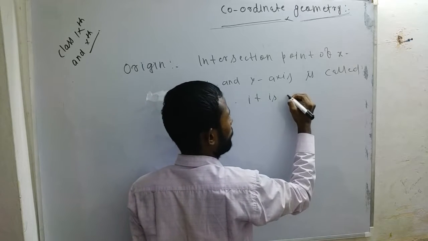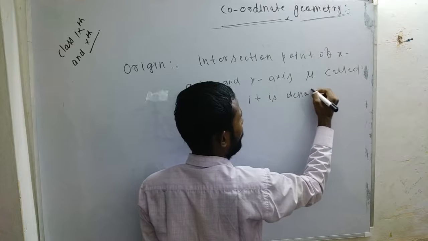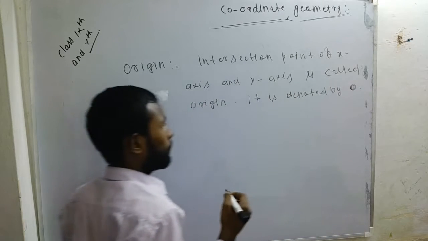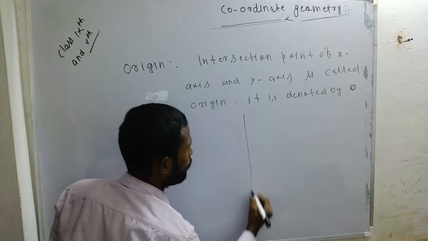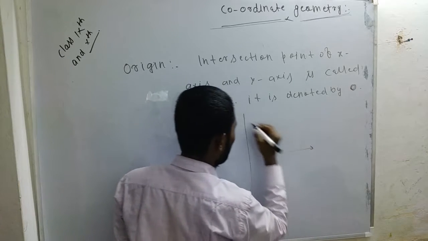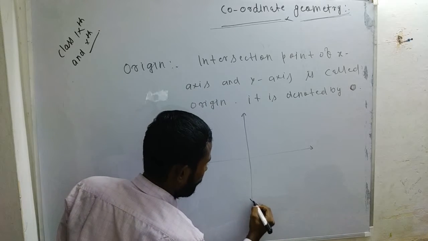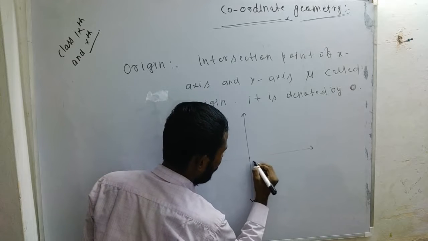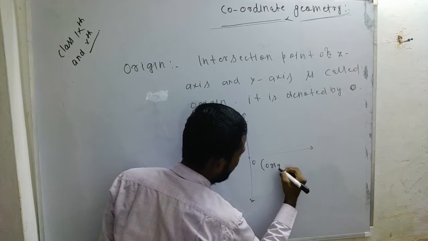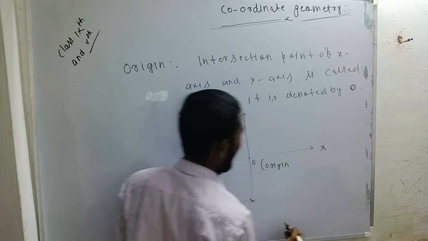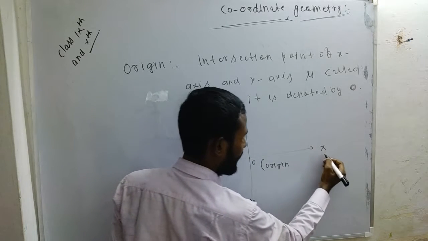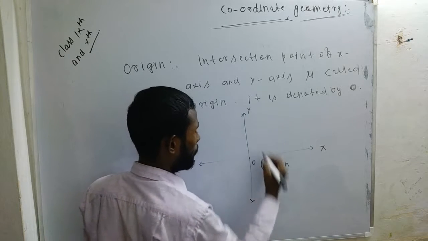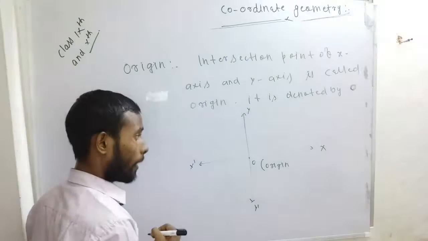It is denoted by O. That means if we take two mutually perpendicular lines such that they intersect each other at a point, this point is called origin. This line is called x-axis. For convenience, we take x rightward and x dash leftward, while upward we take y and downward y dash.